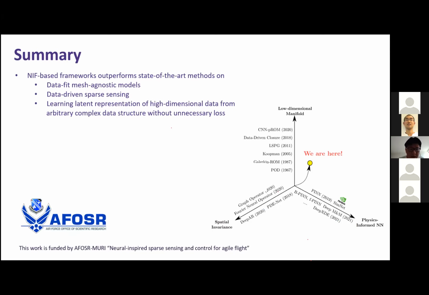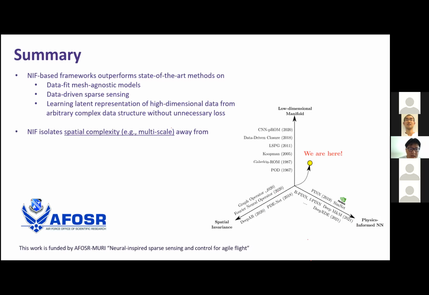So in summary, the NIF-based framework outperforms state-of-the-art methods in data-fit mesh-agnostic models and data-driven sparse sensing, and it learns latent representations of high-dimensional data from arbitrary complex data sets without unnecessary pre-processing loss.